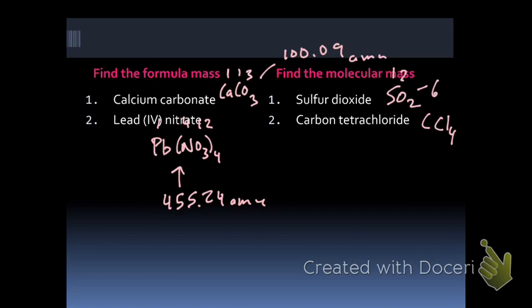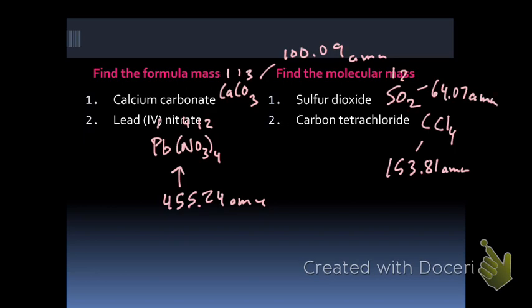This gives you 64.07. Carbon tetrachloride: carbon is 12.01 plus chlorine, which is 35.45 times 4. This gives 153.81 AMU.